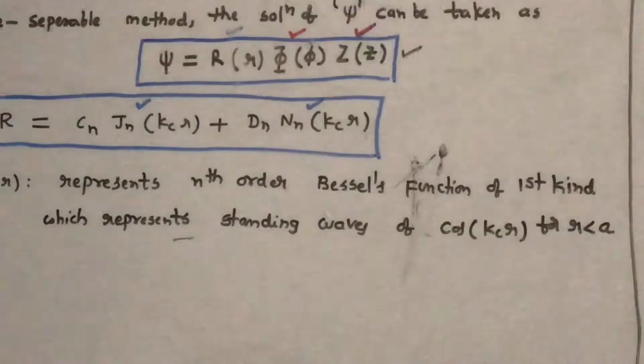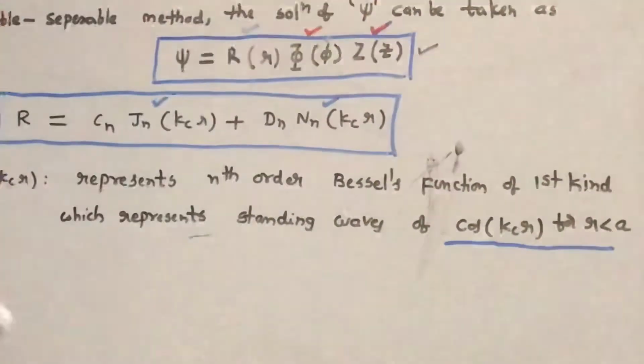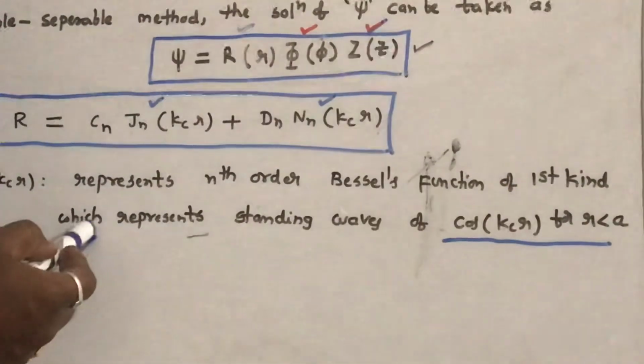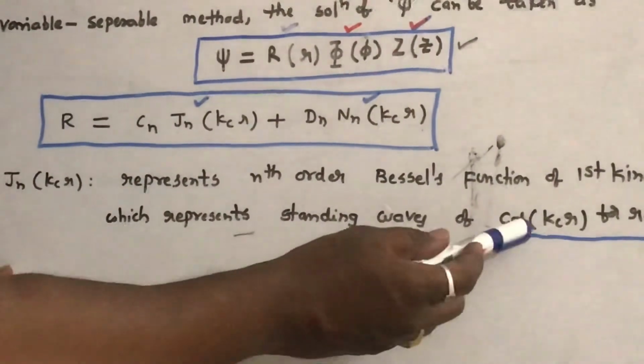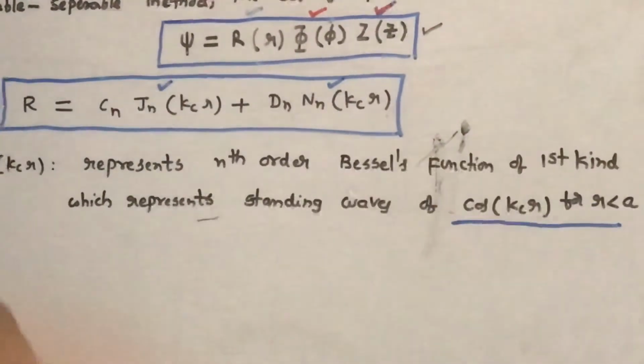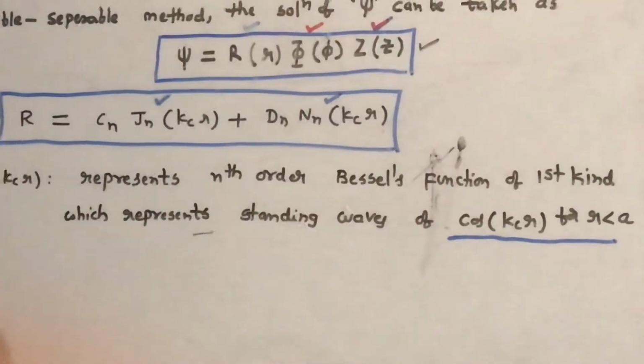So you have to remember these words. What is Jn of kc r? It represents the nth order Bessel's function of first kind, which represents standing waves of cos of kc r for r less than a.